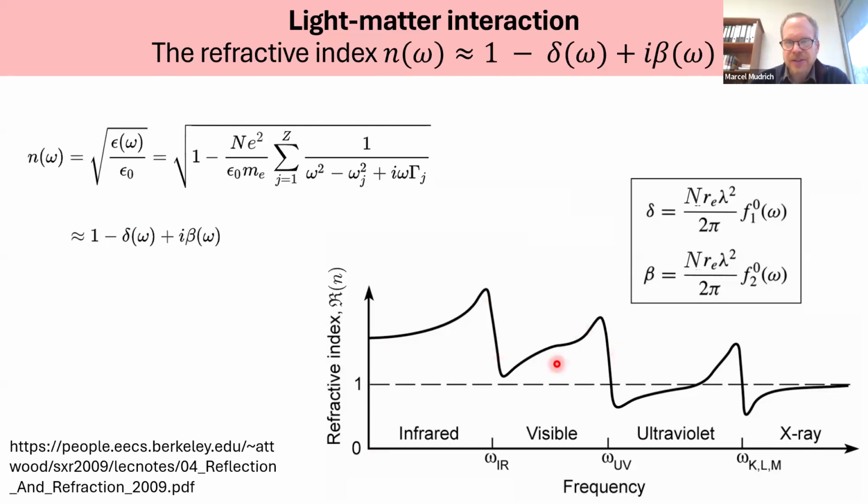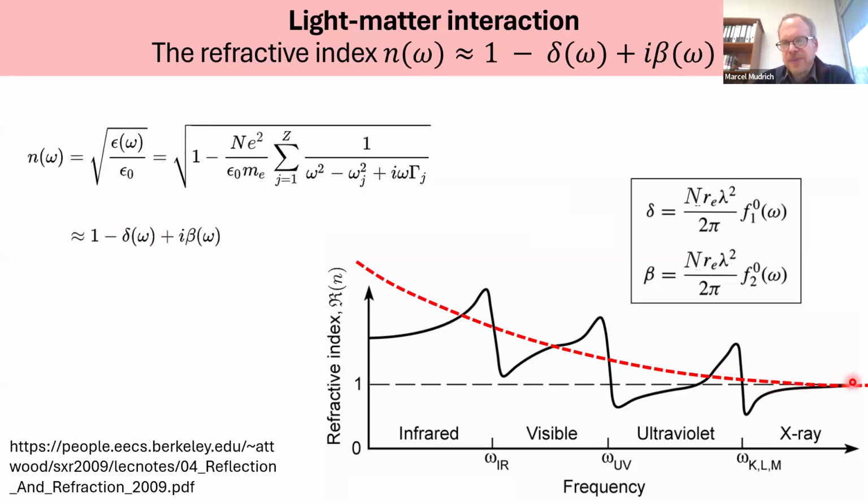We have all these wiggles, which of course correspond to resonances: vibrational resonances, valence electronic resonances, inner shell resonances. Overall, there is this trend of a falling index of refraction, and that actually concerns both the delta and the beta term.